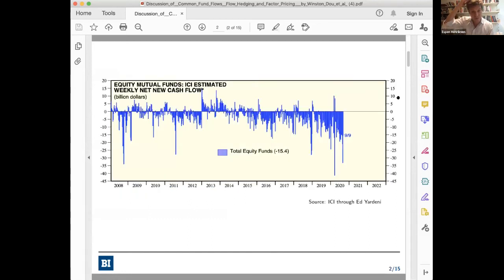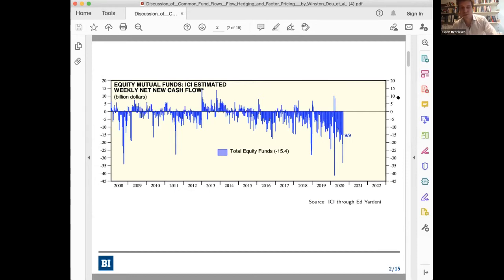Here I've taken data from ICI through Ed Yardeni's page. Here we see the weekly net cash flows from mutual funds. This was actually pretty new to me, that the flows are so volatile and so large. What we can also pretty easily see here is that there were huge outflows, for example, in the fall of 2008.